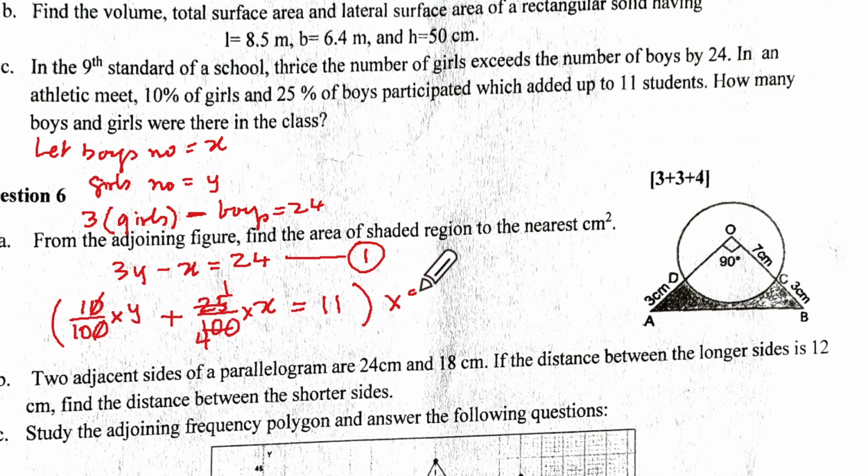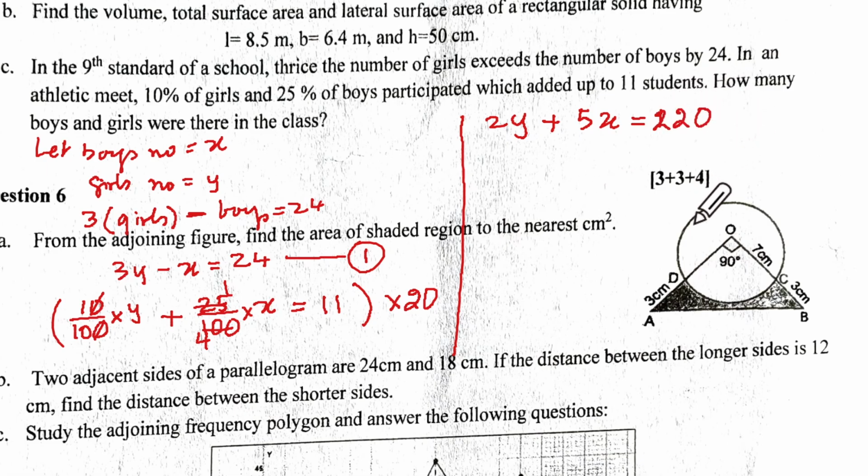So I'll multiply by 20. If I multiply by 20, what will I get? 10 twos, so I'll get 2y, plus 4 goes 5 times, so it will be 5x is equal to 220. Understood? This is your equation number 2.